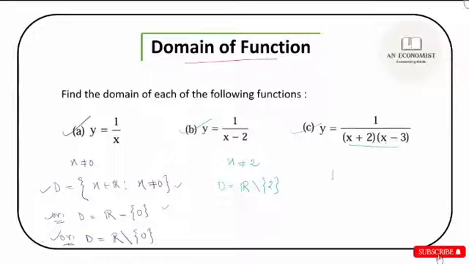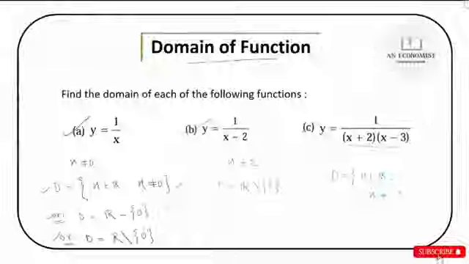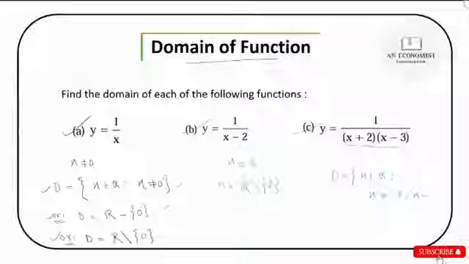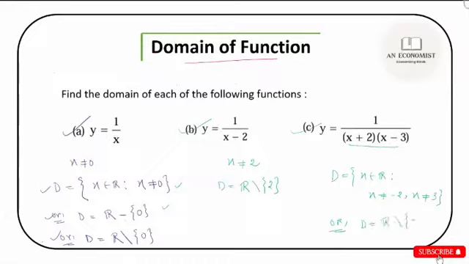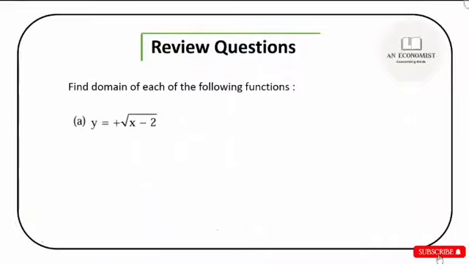You write domain to be all the X values which belong to real numbers such that X cannot be minus 2 and X cannot be 3. Or you can write the domain is all the real values except the values minus 2 and 3. I hope this is clear to all of you.